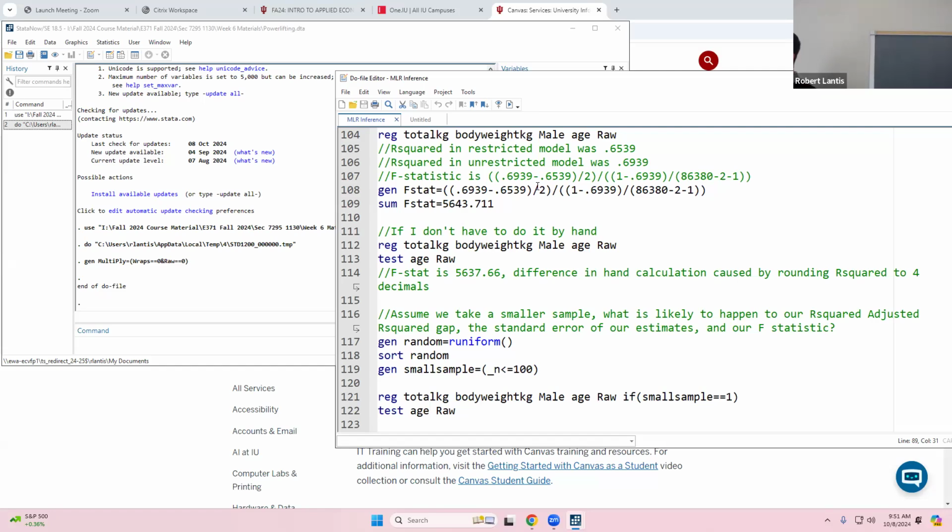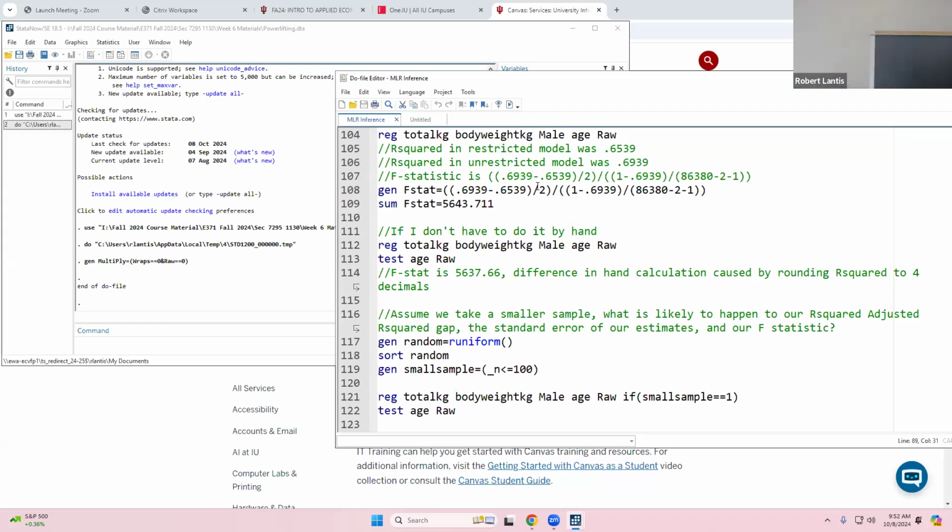Now, this is where I saw some confusion. People stopped by office hours. In the denominator, what are we going to be dividing this by? This isn't technically correct, but to calculate any test statistic, we're dividing by some standard deviation. This is kind of like the standard deviation for the change in R squared.